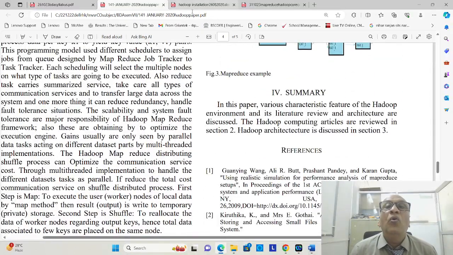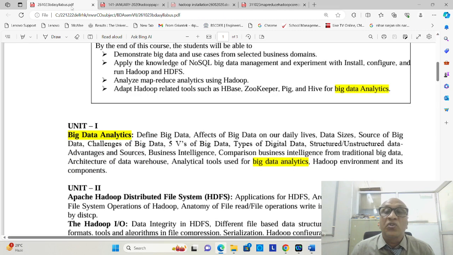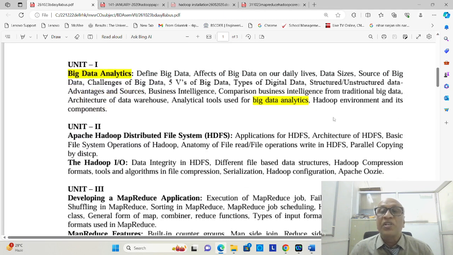Now we'll look at the topic called core components of Hadoop, and let us map that with the syllabus also. What the syllabus first unit is saying: Hadoop environment and its components. So we are speaking about Hadoop and its core components. So let us go with that.